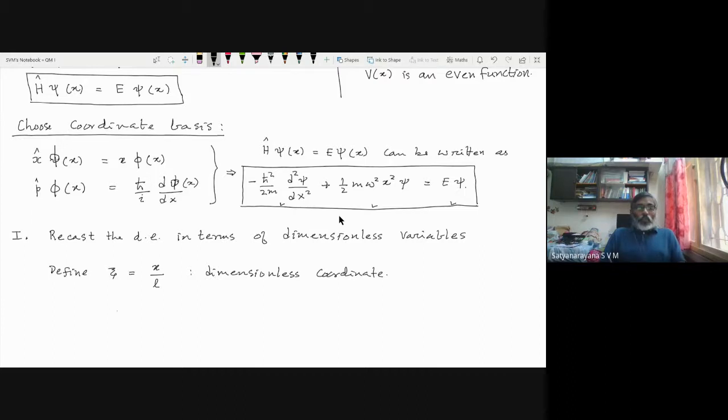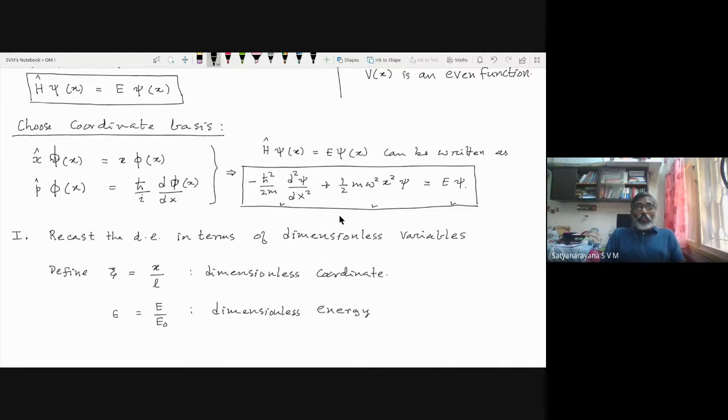And then you define epsilon as the energy divided by some E naught. E naught is also some characteristic energy. So epsilon is dimensionless energy.